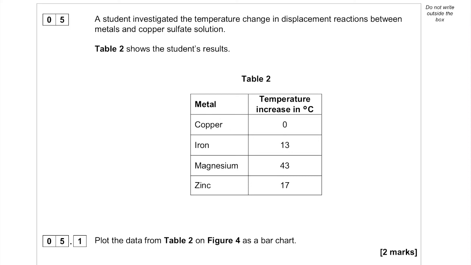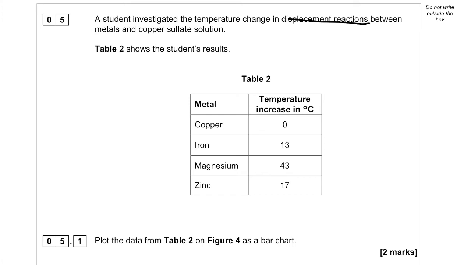And now we move on to question 5, which would be the last question of this part of the video. A student investigated temperature change in displacement reactions between metals and copper sulfate. In this case, displacement reaction is basically substitution.